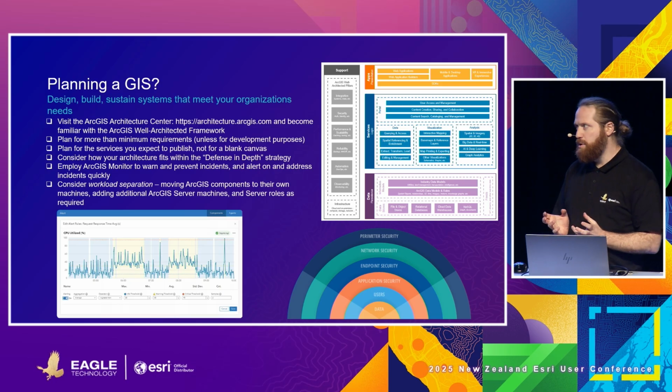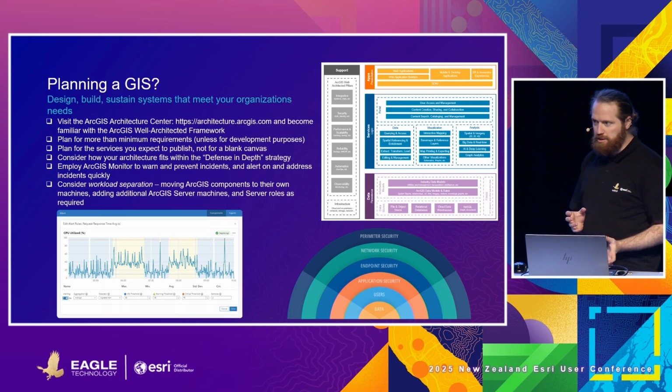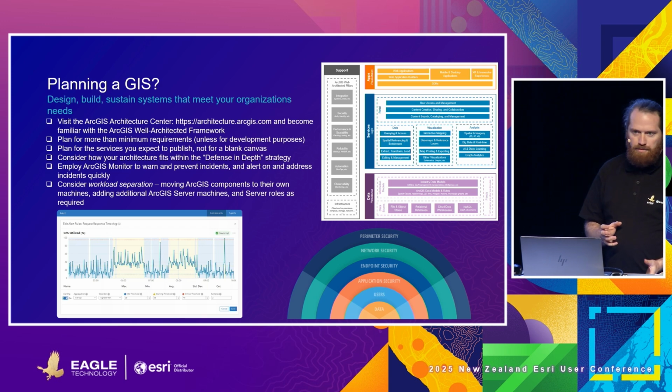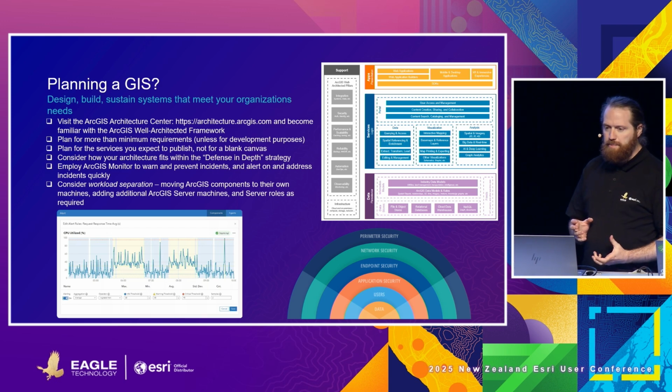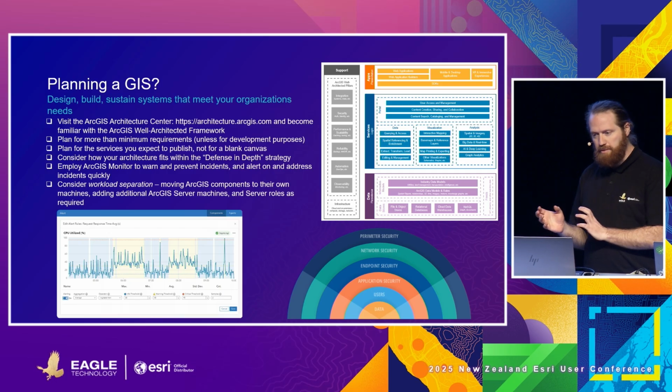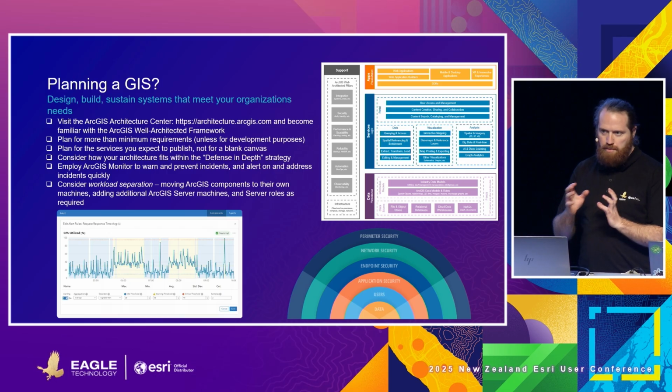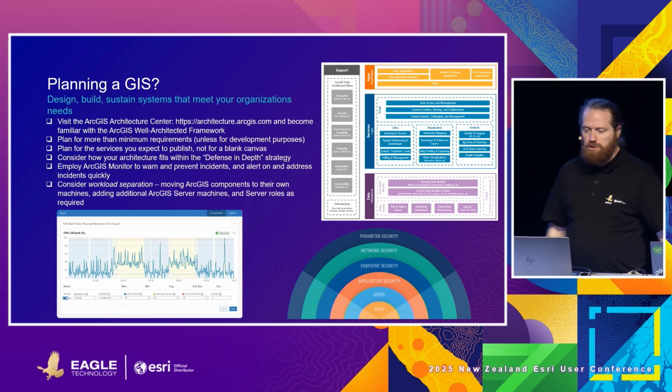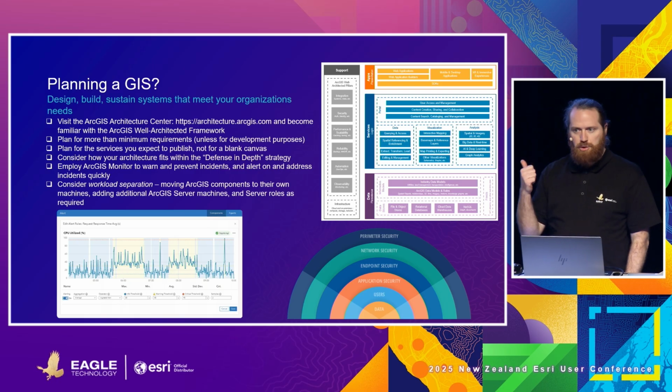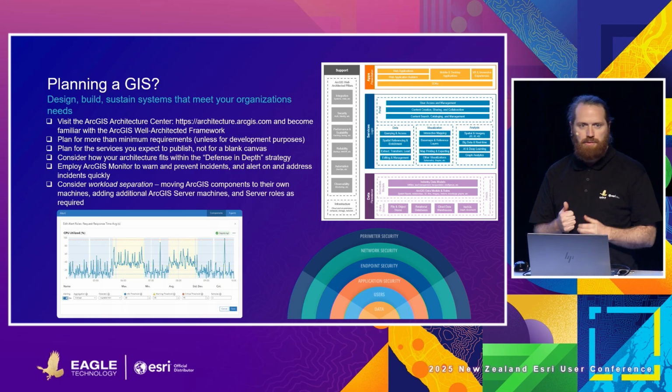An example around cloud native and workload separation that I think would be a good one to introduce here when we're going into 11.5 is the deprecation of the tile cache data store and the migration that we talked about earlier to the object store. So there's an option 1, which is to install the ArcGIS managed object store. That's a piece of software just like the regular ArcGIS Data Store.